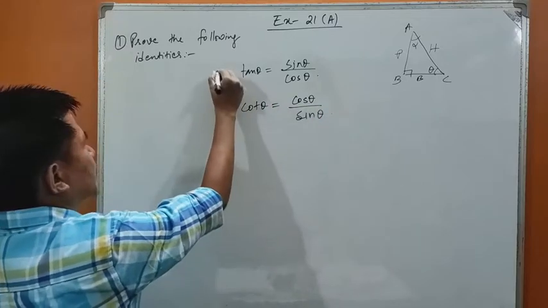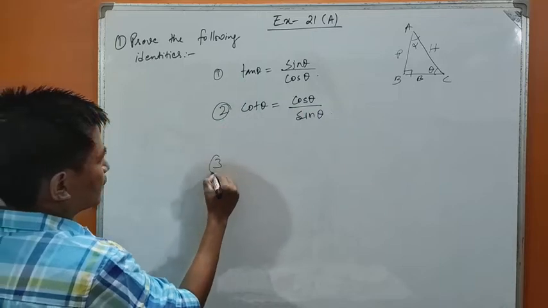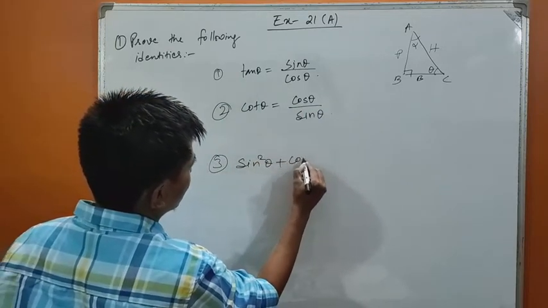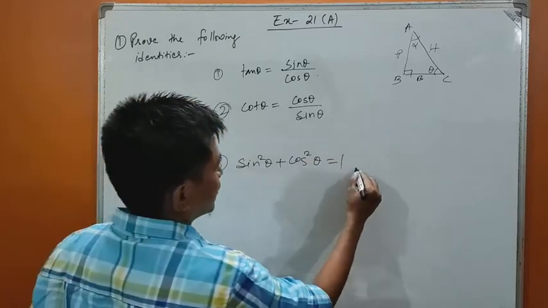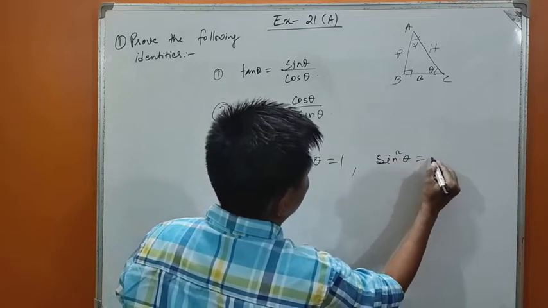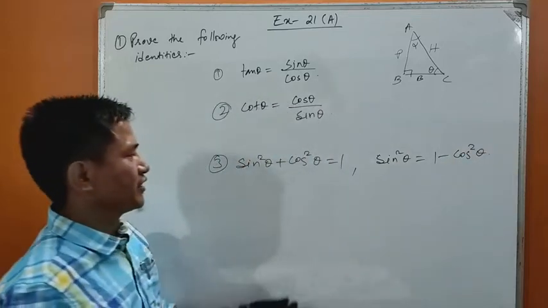This is another formula, 1 and 2. And another formula we have is sine square theta plus cos square theta equals 1. Then obviously you can write sine square theta equals 1 minus cos square theta, isn't it? So cos square theta equals 1 minus sine square theta.